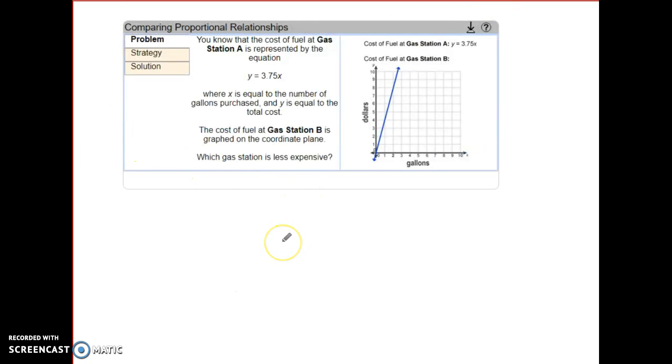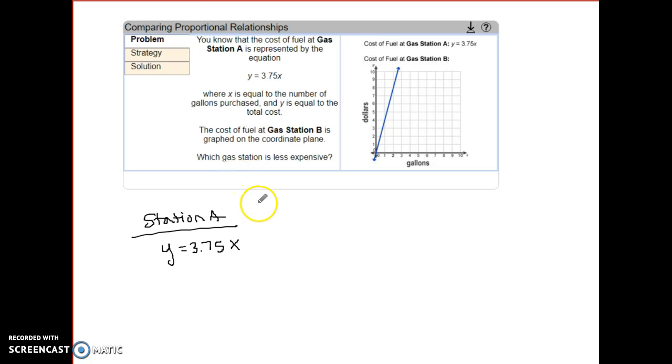Another example, we can compare rates with equations or with graphs. The key here is we're comparing the rate. So in this first example, this equation is gas station A. For station A, we are using the equation y equals 3.75x.